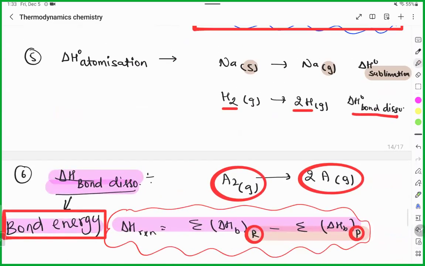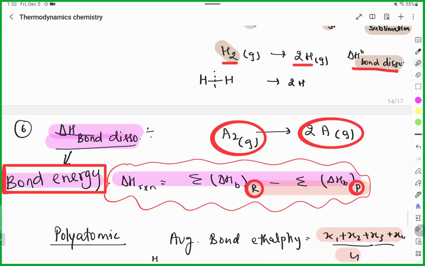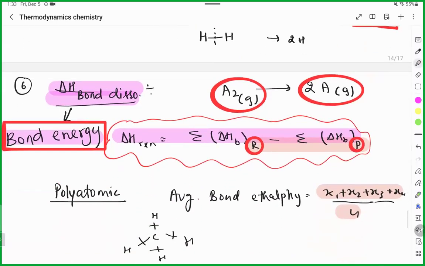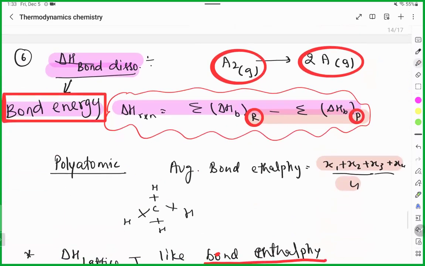Here you had two hydrogen atoms. Now you are breaking the bond between them. For example, hydrogen was present like this. Now you are breaking this bond, and both hydrogens will be free. So the energy required to break this bond is known as bond dissociation energy. Usually we need energy to break a bond, so it is positive.